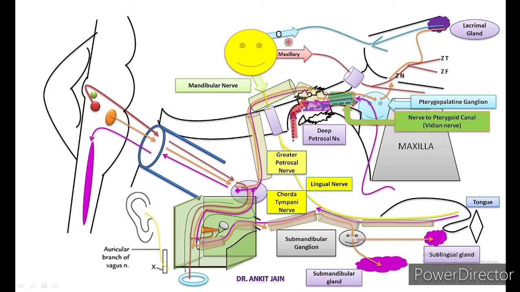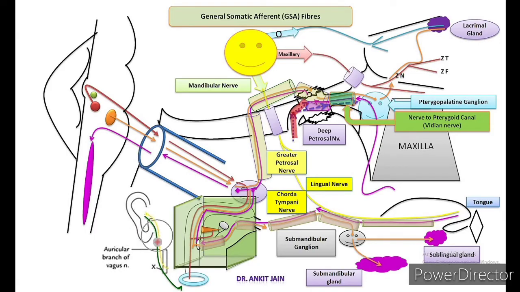The last fiber related to the facial nerve is general somatic afferent fibers. These fibers bring the cutaneous sensation from the concha of the auricle. First, these fibers run along with the auricular branch of the vagus nerve and enter into the mastoid part of the facial canal.